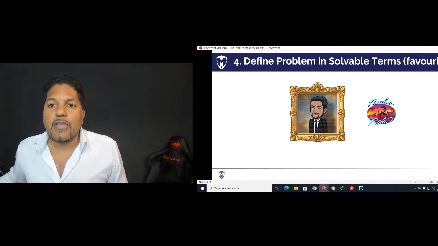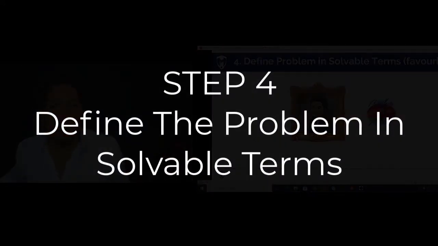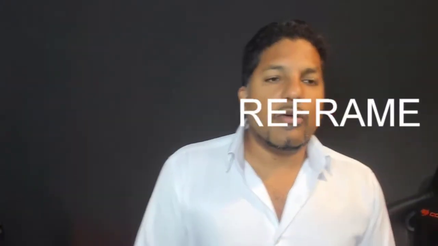So that's number 3. Number 4 is you define the problem in solvable terms. In NLP, this is what we call a reframe. And I have a couple of videos on that if you want to check out the videos on reframing. To give you an example of what I mean, when someone comes to me with a challenge, they think, oh my God, there's something wrong with me.